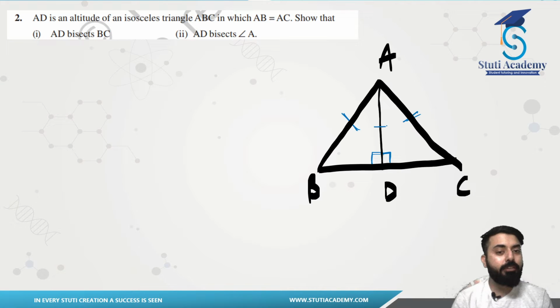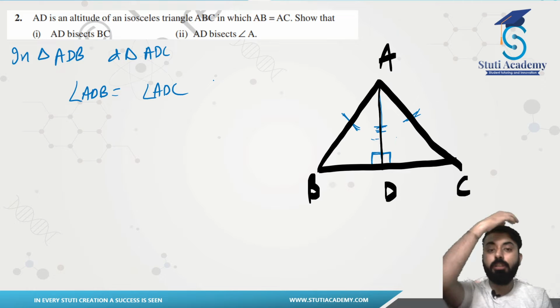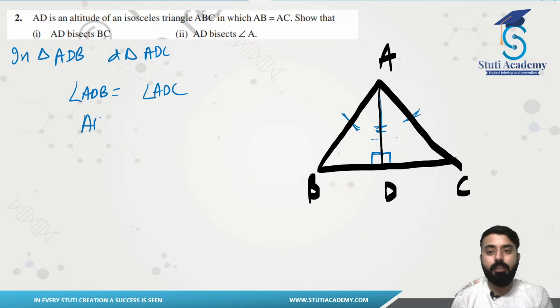See, AD is common to both, doesn't it? AD is common. So you guys see, a right angle, a hypotenuse, and a pair of sides. All these three parts are equal, then you can say using RHS both of the triangles are congruent. So in triangle ADB and triangle ADC, I can see angle ADB is equal to angle ADC, they are equal, AB is equal to AC, and AD is equal to AD.